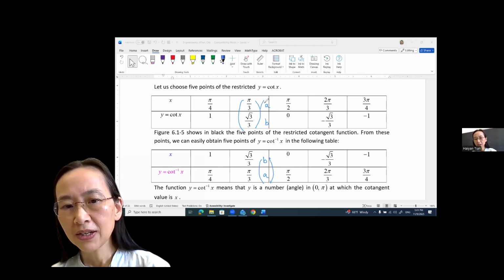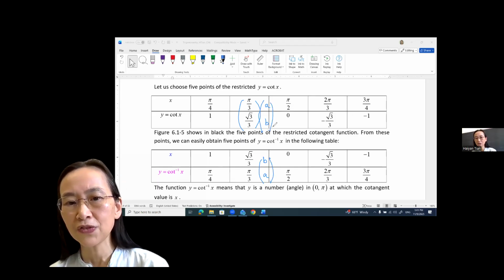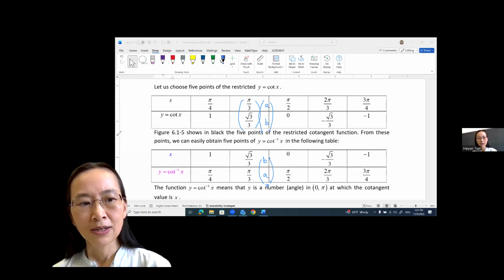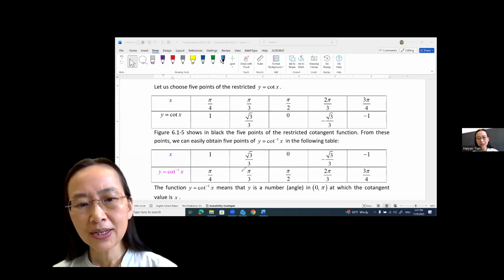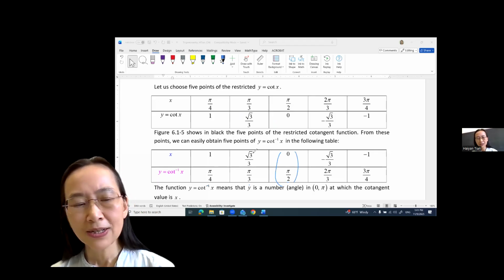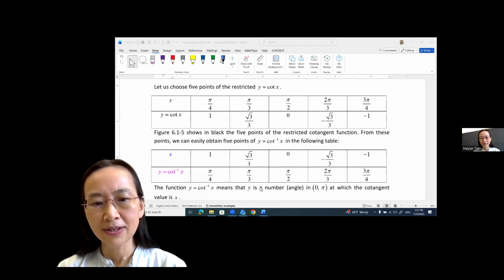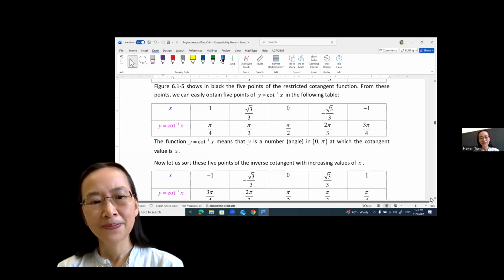As long as you find a point on the original function, then (b, a) will be a point on the inverse curve. So that's how we find 5 corresponding points on the inverse. And quickly we plot these 5 points, and then we can get a sketch of the inverse cotangent curve.